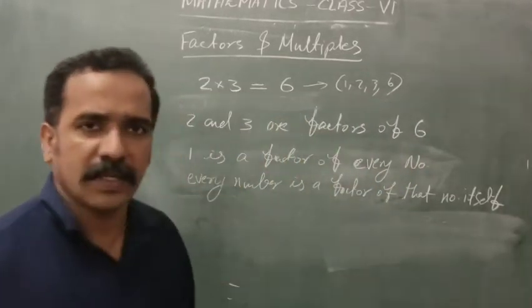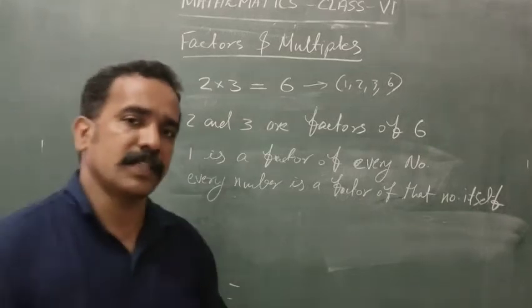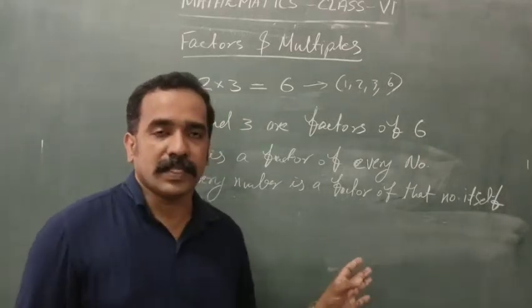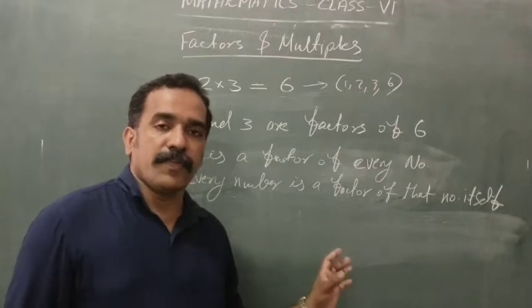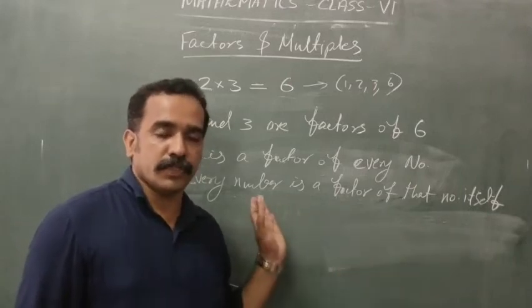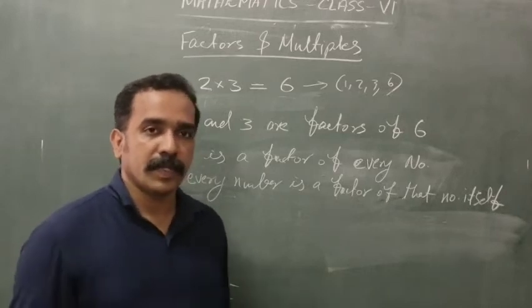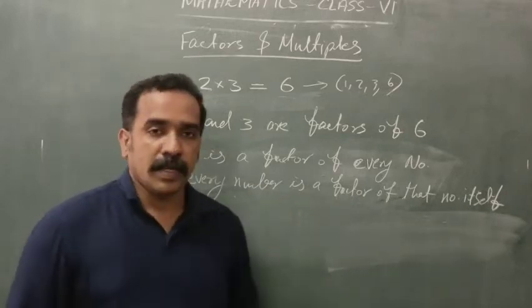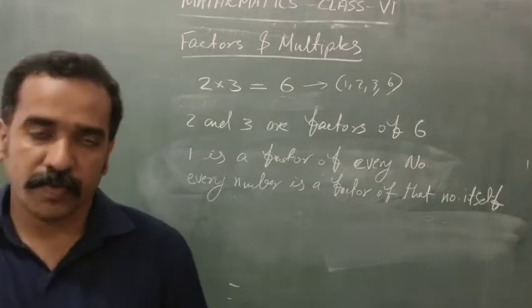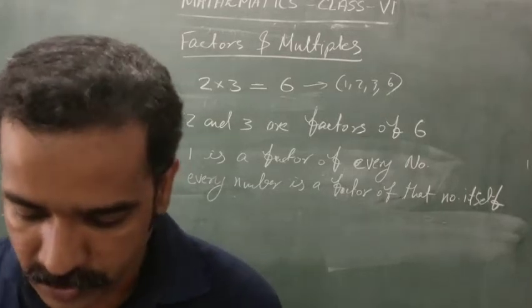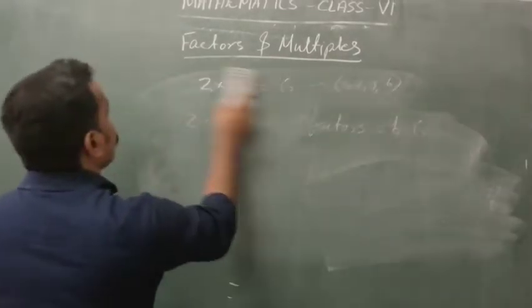Or simply, we can say, just as a theory, that every number is a factor of 0, but 0 is not a factor of any number. Understood? So these are the main characteristics or properties of factors.